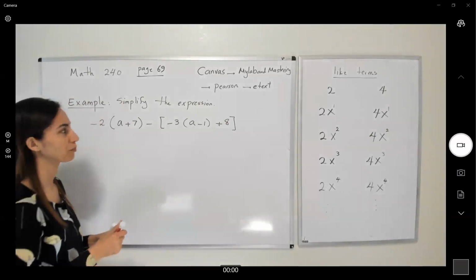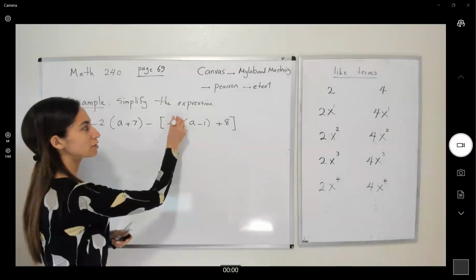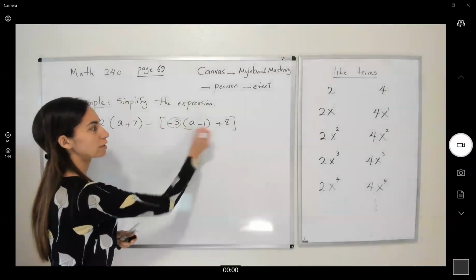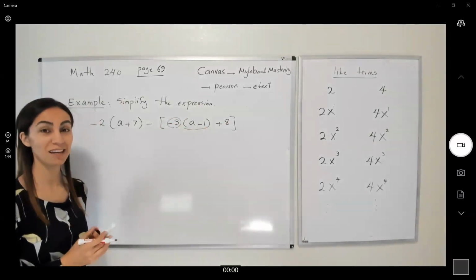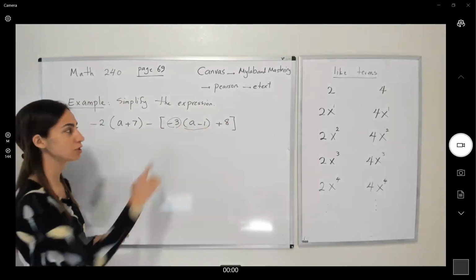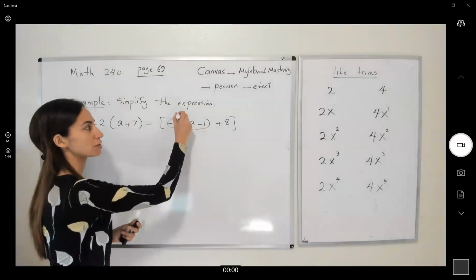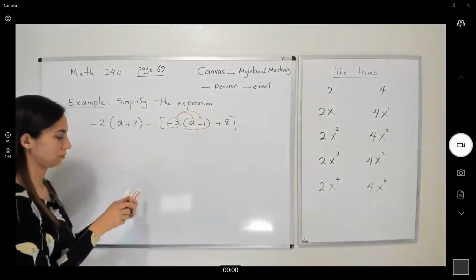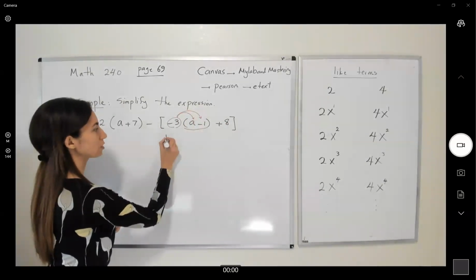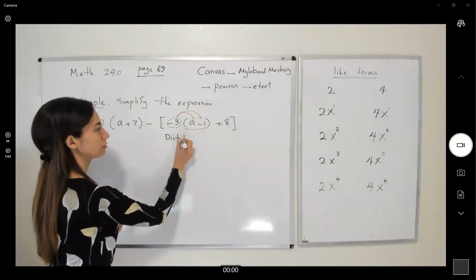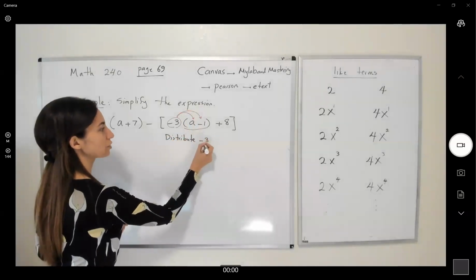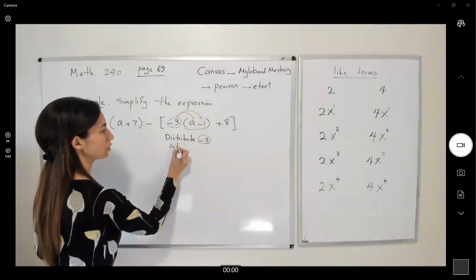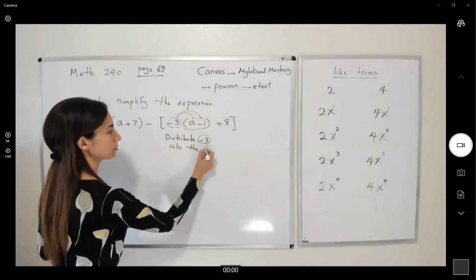For example, here you have minus 3 in front of the quantity inside parentheses. So first distribute minus 3 into the parentheses.